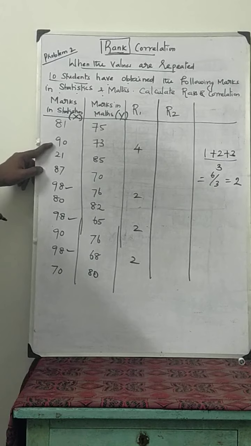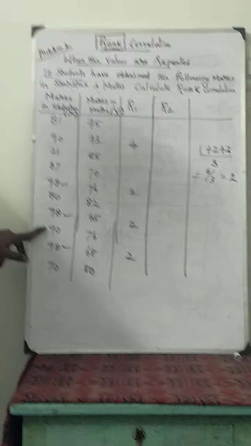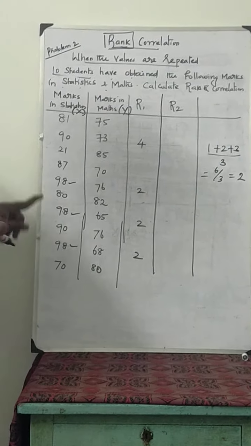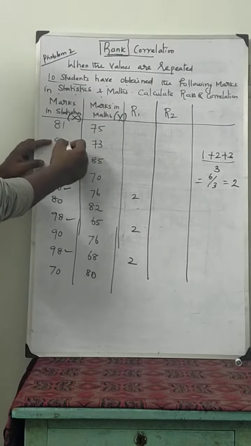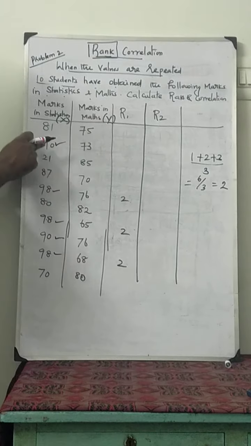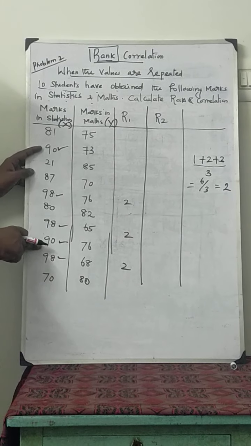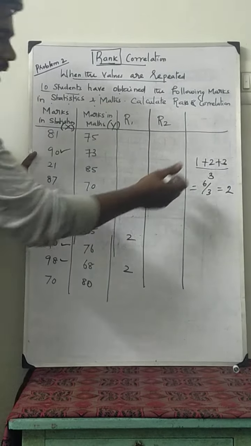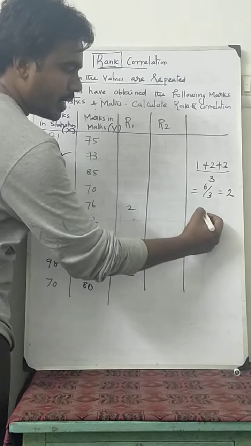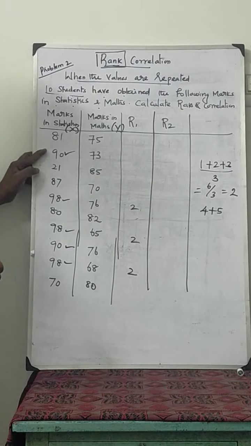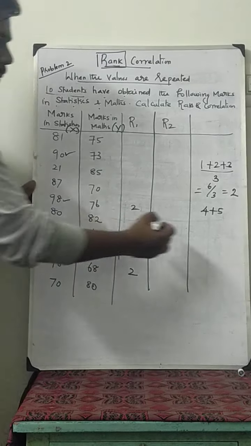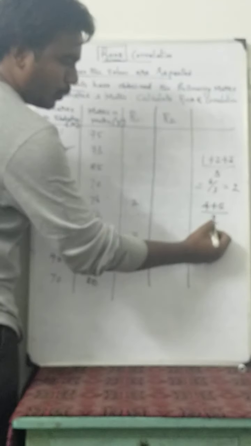After 98, 90 is also repeated 2 times. So we would have to assign the 4th rank and the 5th rank, but we should not do it like that. Here we follow the same procedure again: 4 plus 5, divided by the number of times repeated, 2.